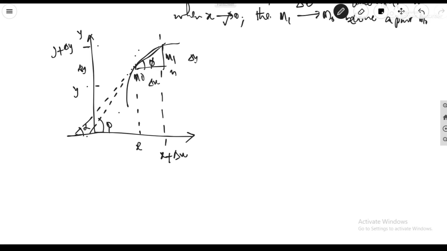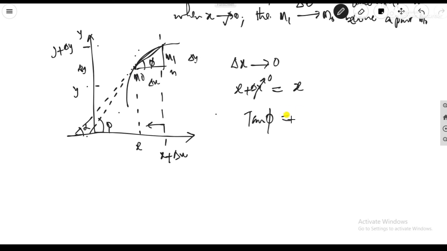So during this stage, when delta x is approaching 0, this m1 point will travel towards m0. That means the space is reducing, and when delta x becomes 0, this becomes x. That means it will finally merge with this point. That means what happens to tan phi?